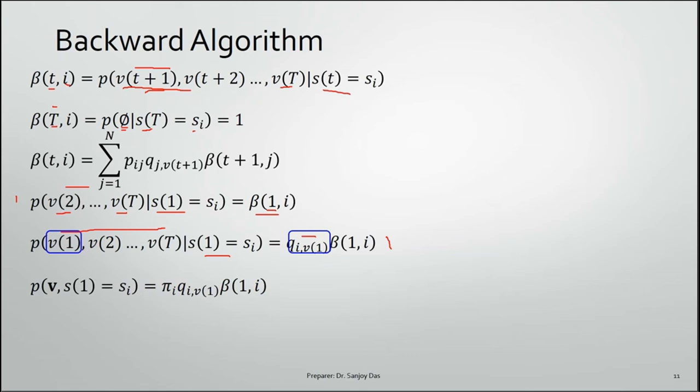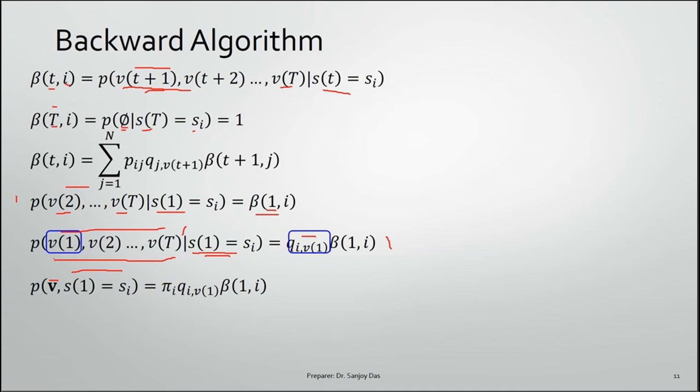Now, in the next step, this bold V is the entire sequence. I have taken this condition S_1 equals S_i and moved it to a joint probability, P(V, S_1 equals S_i).